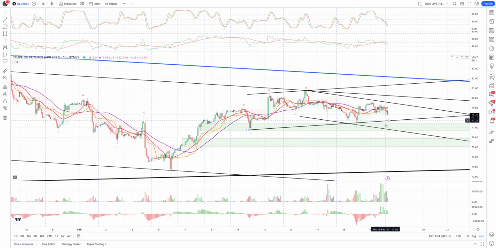If price were to break down through here, we could expect that in this area, we would then see price find some type of support. Now, is that support permanent? Not necessarily. But could that support provide a reversal? Sure. Why not?